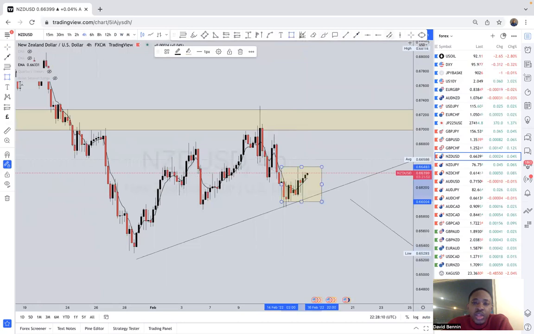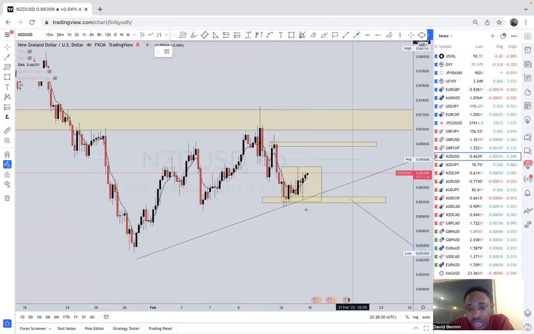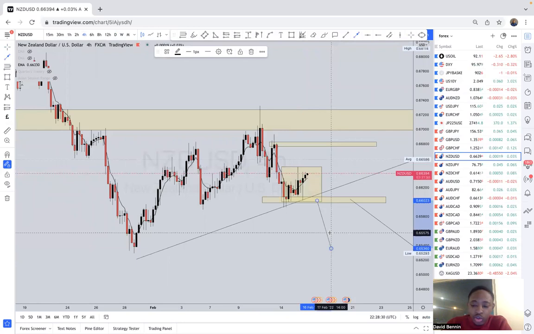So what we'll be looking at here is this level here, this one, and this low here. If you want to be very conservative, right, you would want to take sales below this level here into this level here, right? Because we are anticipating what? A strong dollar. As in, we want to see the Dixie continue pushing up.